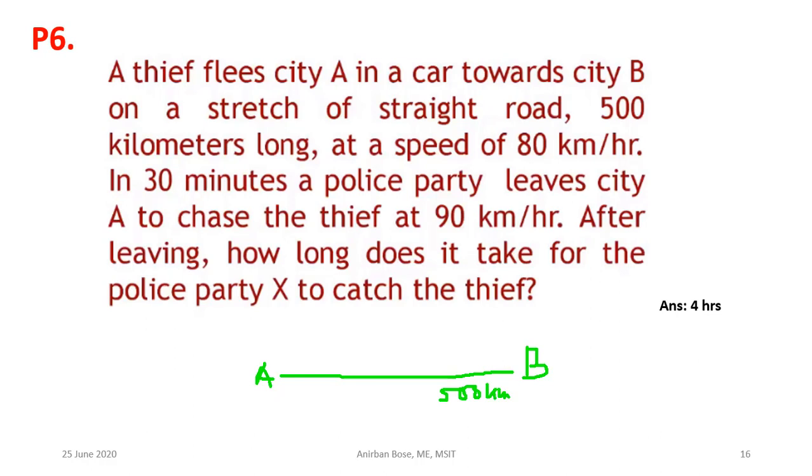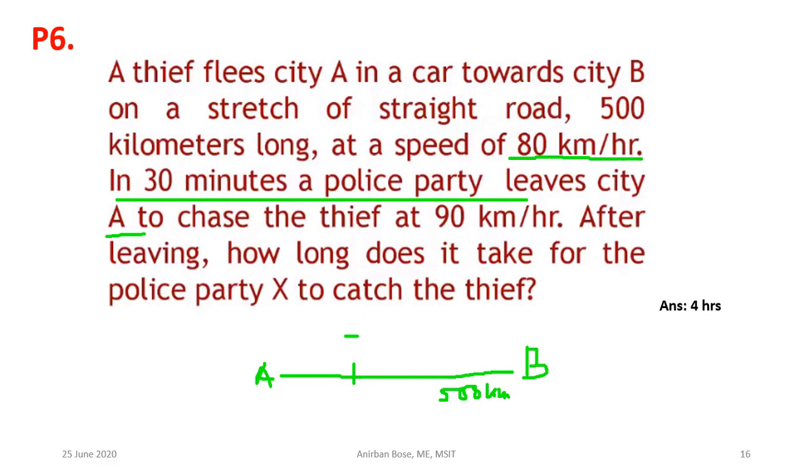And the thief is moving at a speed of 80 km per hour. In 30 minutes, a police party leaves city A. So the thief has already started, and in 30 minutes he is at a leading position with respect to the police. So in 30 minutes, how much will the thief go?